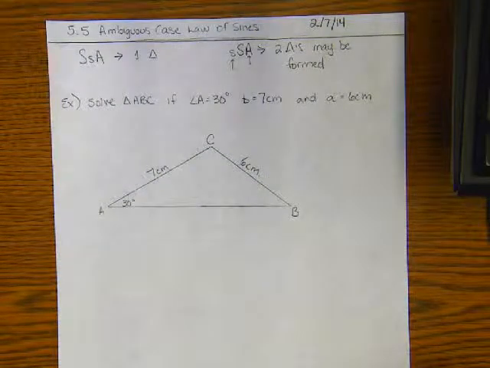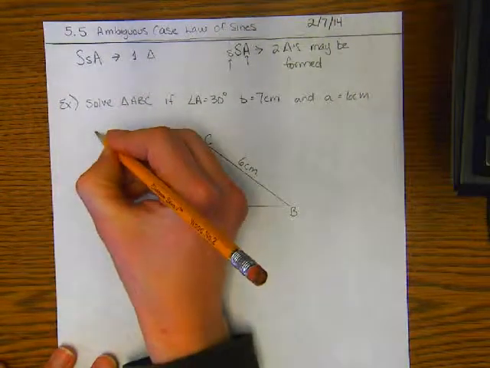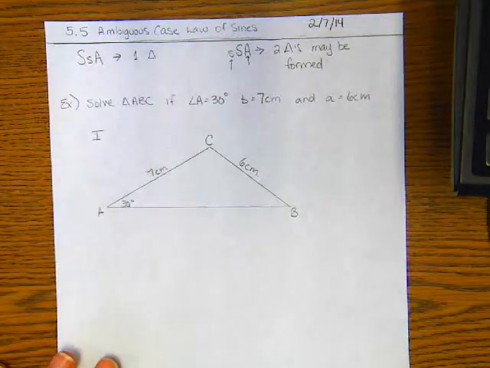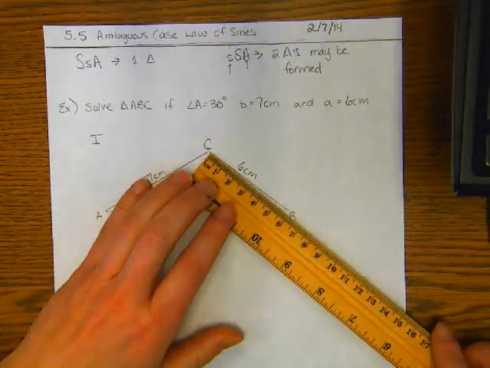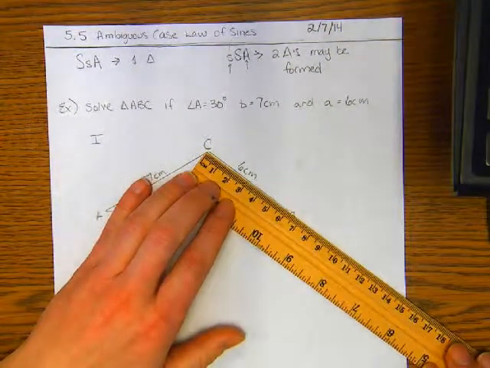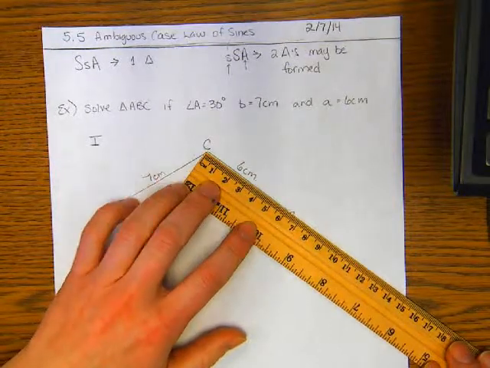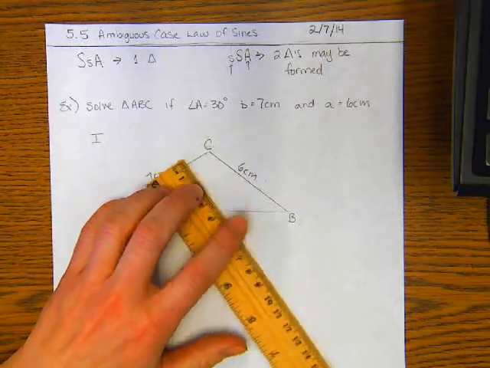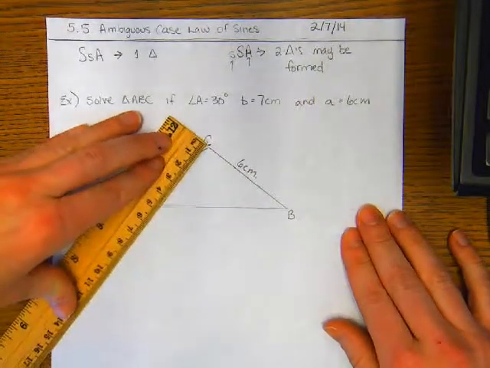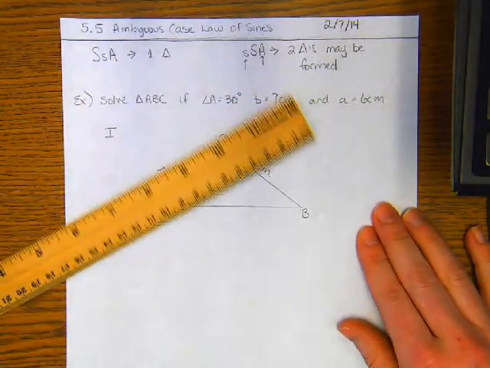First of all, I'm going to call this triangle number 1. But what you can see, and I've actually drawn this triangle to scale, is that if I wanted to keep these the same and keep CB as 6 centimeters, I could also move that side to be over this way.